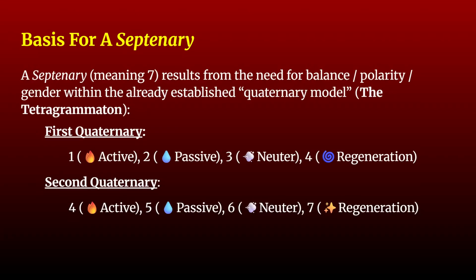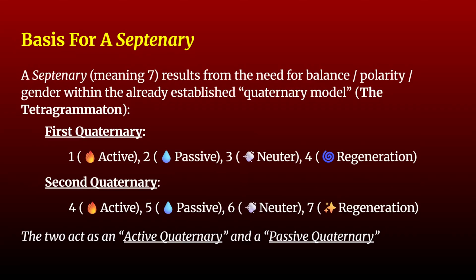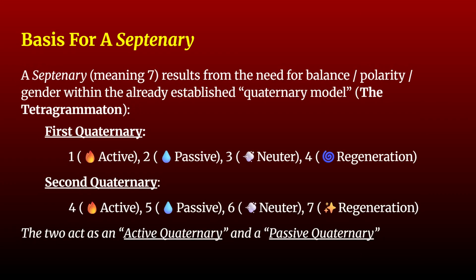And seven has that little icon because it is the regeneration, but it also is the first septenary. This is, as we're about to see, the creation week from Genesis. So the two act as an active quaternary and a passive, which means that the first is the masculine and the second is the feminine.